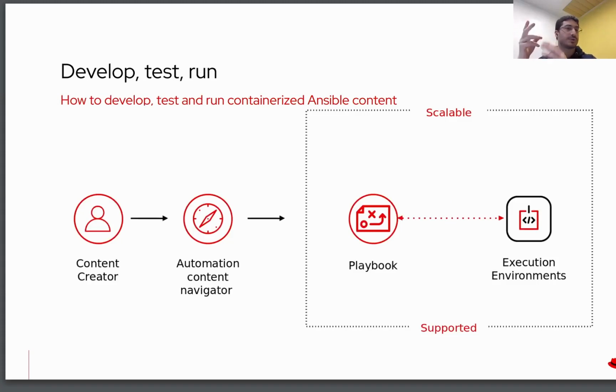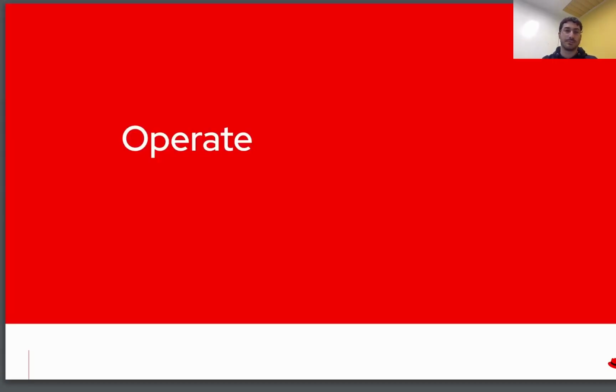So effectively roles and playbooks would be the most common ones. And they will use the automation content navigator to navigate the execution environment list, as well as eventually to then push their work so that everything is stored, can be tested, and can be validated as well.